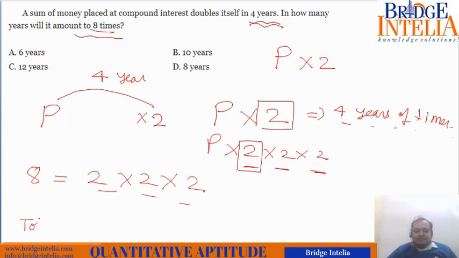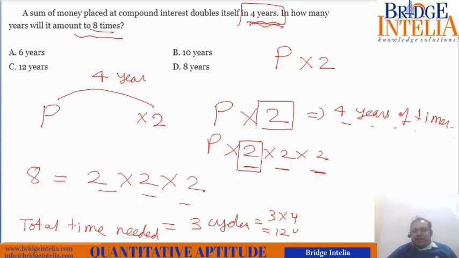So total time needed is equal to 3 cycles. Each cycle is of 4 years. So 12 years. In each cycle, the amount is getting doubled.